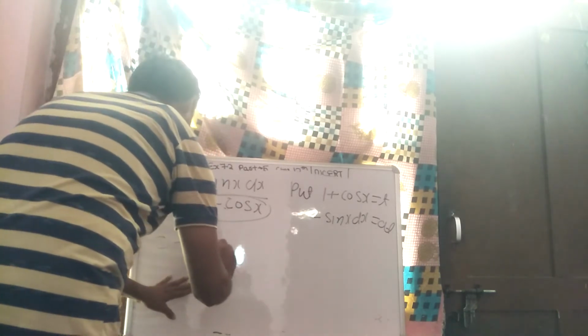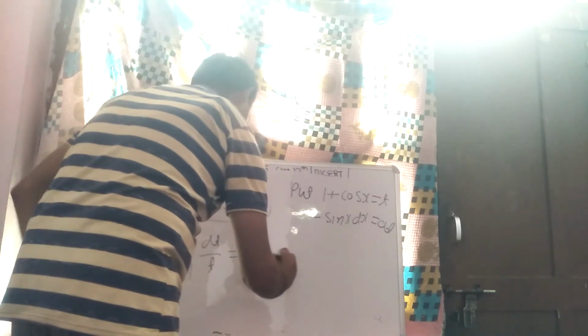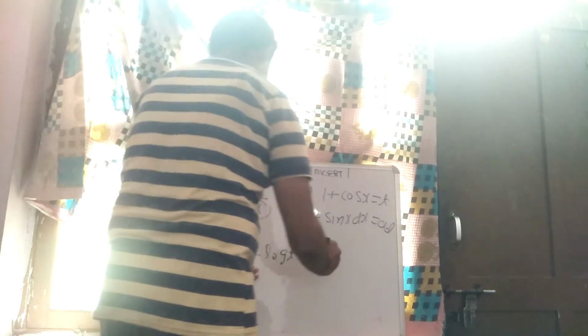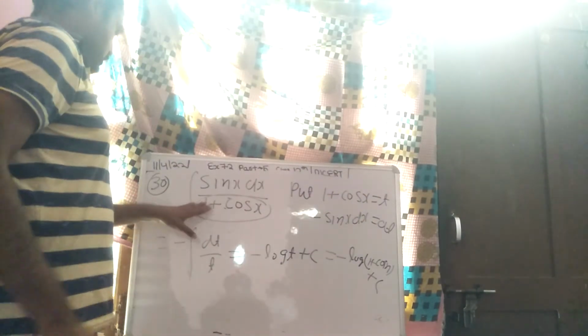Minus sin x means this is minus dt upon t. So minus log t plus c. We also put minus log of what t is, so minus log of 1 plus cos x plus c. We have to explain and check sin x upon 1 plus cos x.